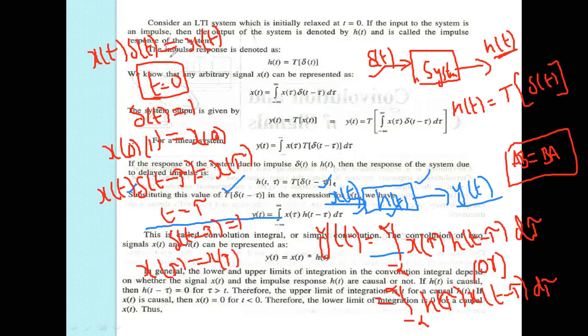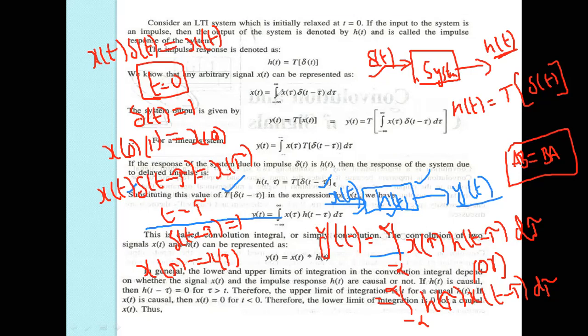Okay, my dear students, when any function is multiplied with the delta function or the shifted impulse function, you get the same function. So I represented this as the integral from minus infinity to infinity of x of tau delta of t minus tau d tau.